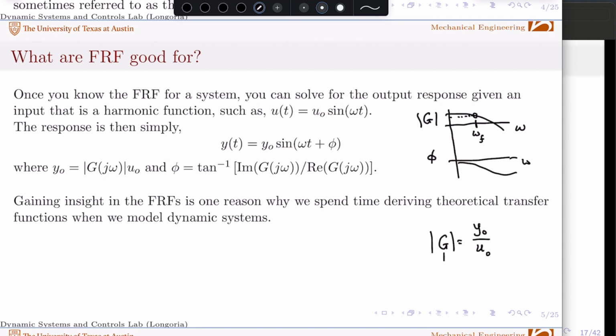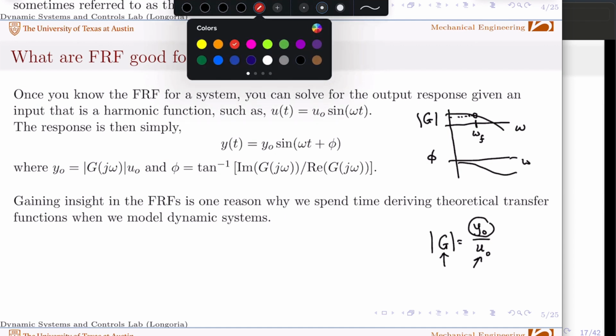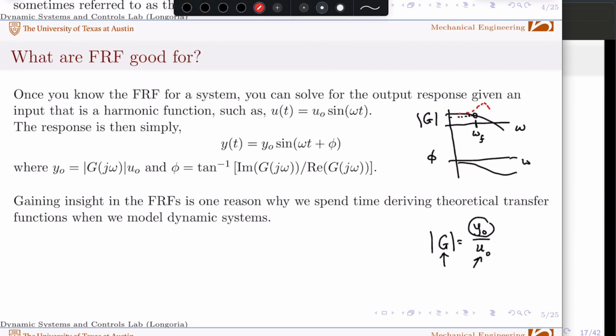So if I have this and I have this, I can solve for that. Right? So you can estimate, you can predict how a system will respond. And this is why, for cases like resonance, if this has a peak over here, and you force it close to that peak, we worry about that. Oh, it's going to be amplified in that region.